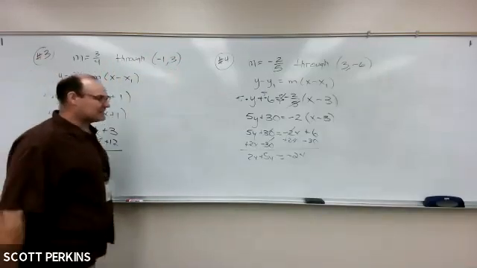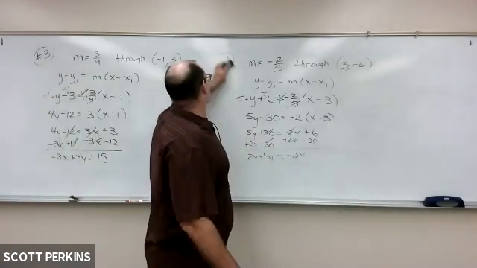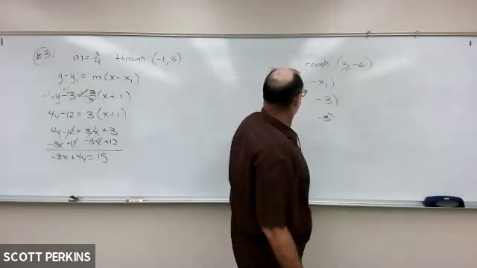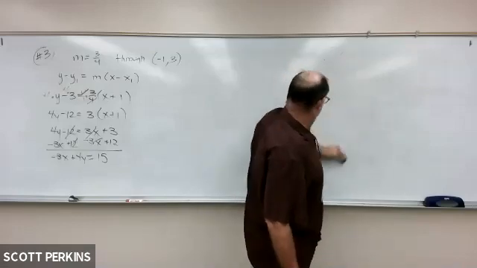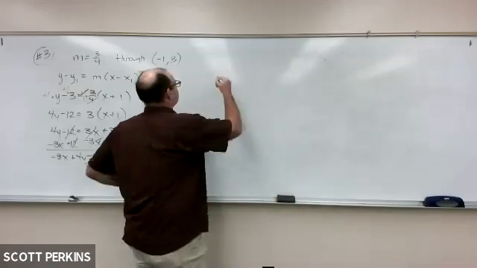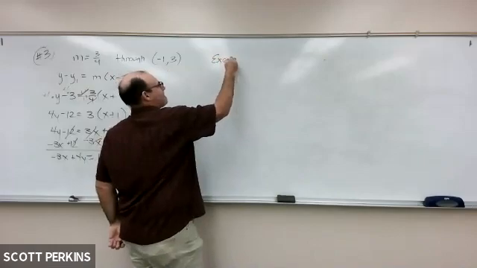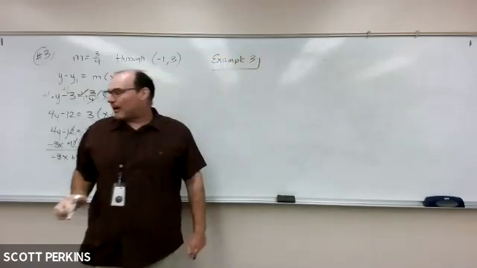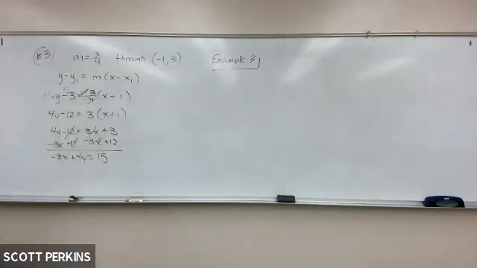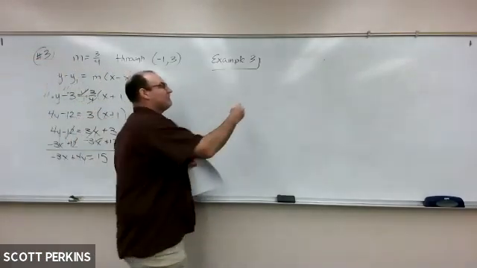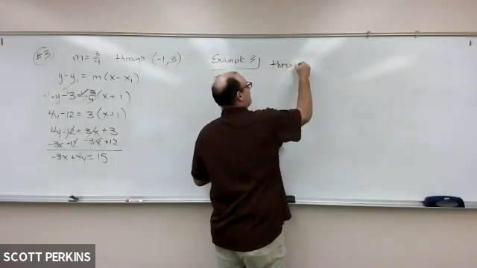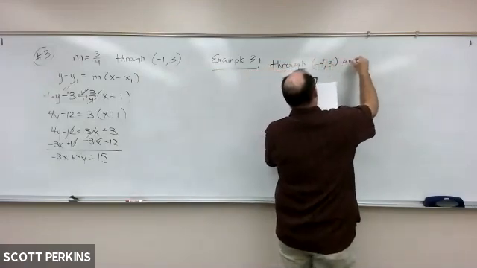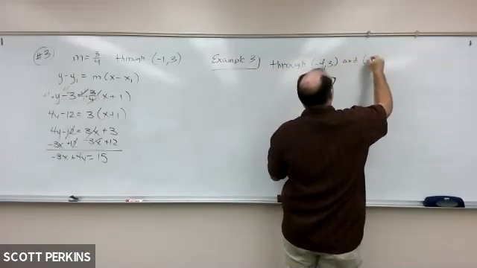So the next one says, I want to write the equation of the line that goes through -4, 3 and 5, -7.